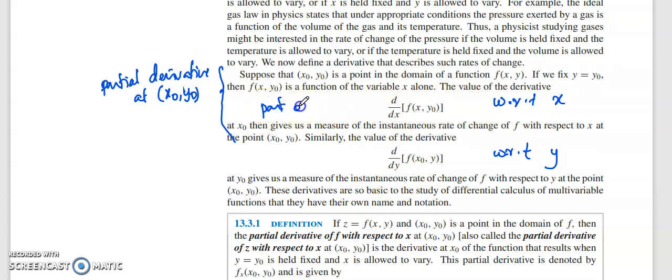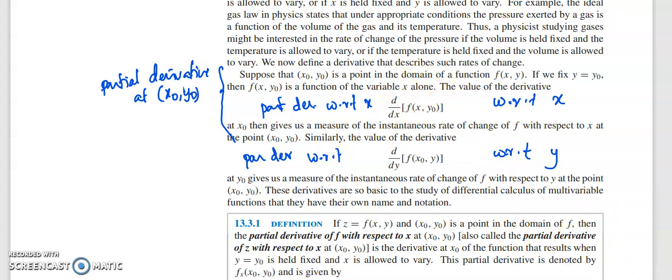So this is the partial derivative with respect to x. So here you have kept y as constant and you are finding rate of change with respect to x, and this is called the partial derivative with respect to y. So x is fixed as a constant and we are finding the rate of change with respect to y. So this is how we define the partial derivative.